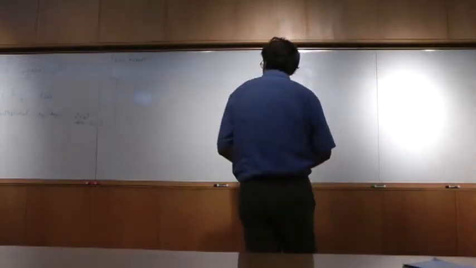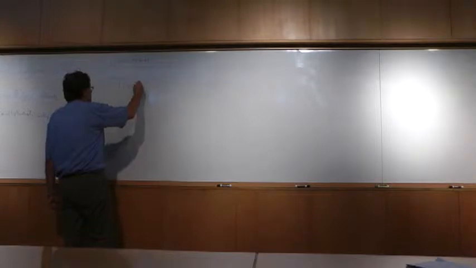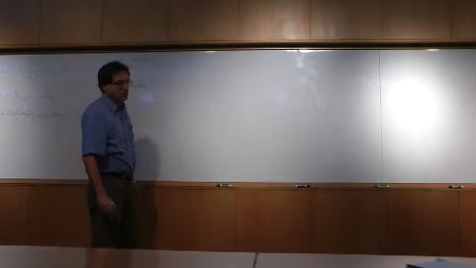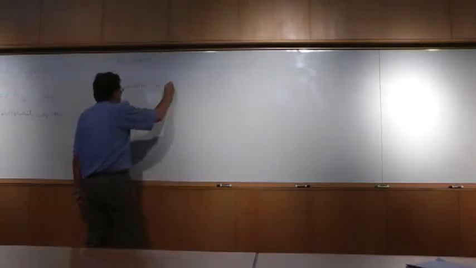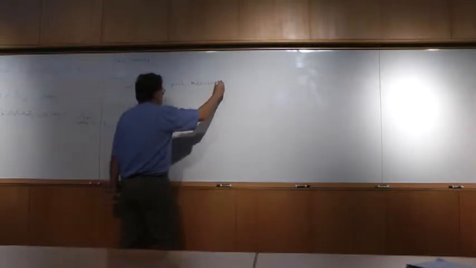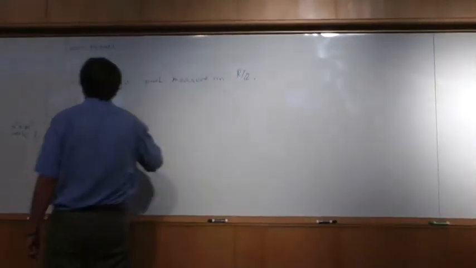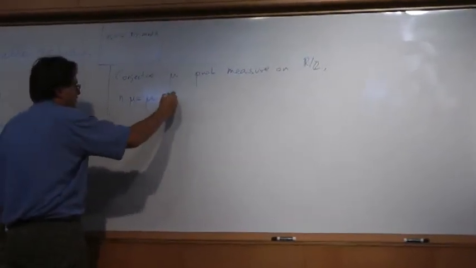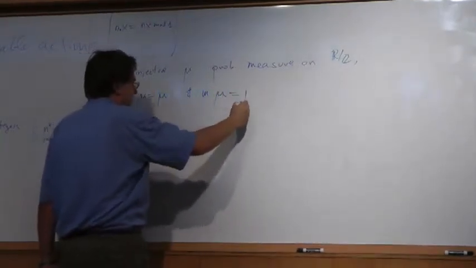And he also gave a conjecture, though never, as far as I understand, in print, that if we use the probability measure on R modulo Z which is invariant under multiplication by n and multiplication by m.